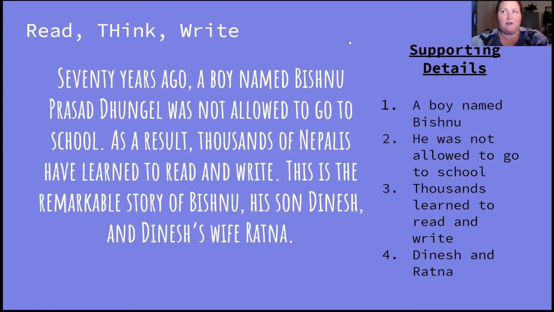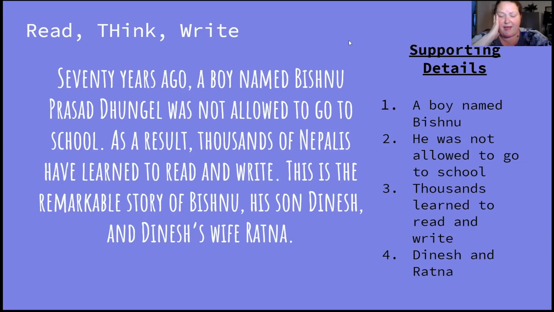I was kind of confused too with these names. I really had to look them up before we started, and how to pronounce them. I don't know if you noticed at the beginning of the video, I messed up the names because I have never seen these names before. But I started thinking and asking myself, what is this about? It says here that a boy wasn't allowed to go to school.